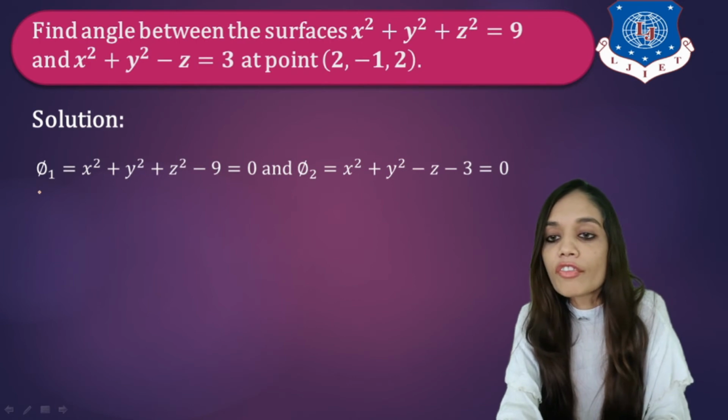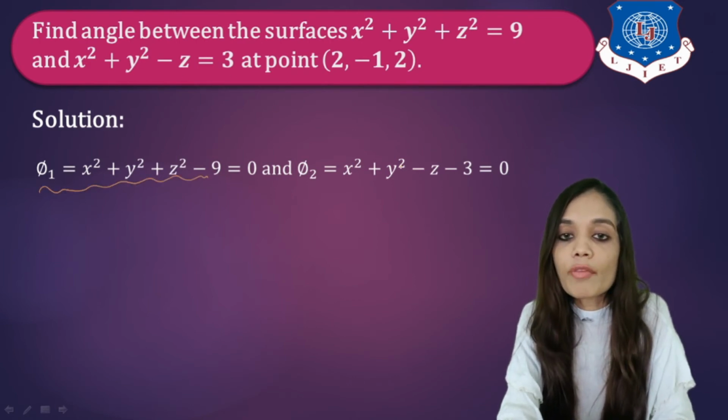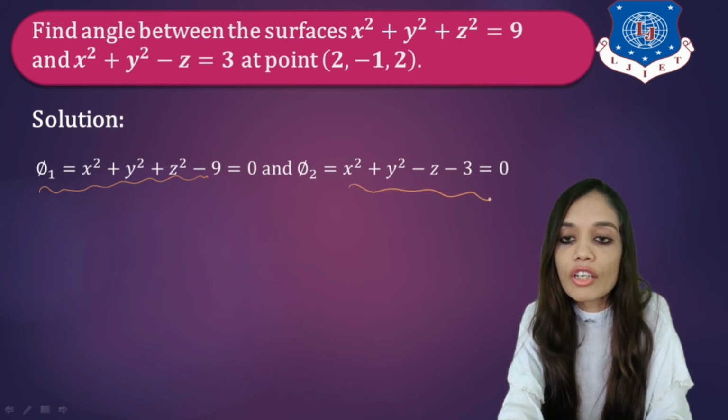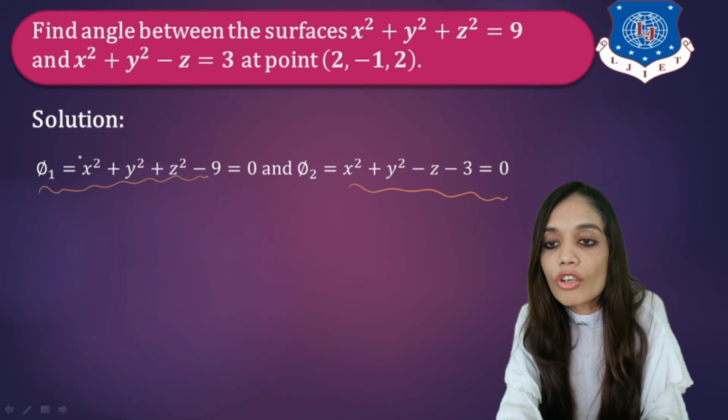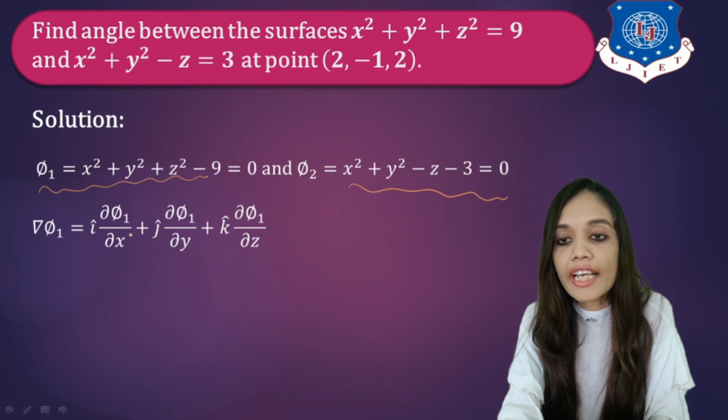So your phi 1 will be this and phi 2 will be x square plus y square minus z minus 3 is equal to 0. Let us find the gradient of phi 1. So gradient of phi 1 will be equal to i cap del phi 1 upon del x plus j cap del phi 1 upon del y plus k cap del phi 1 upon del z.